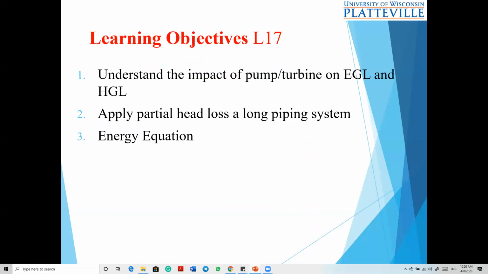Today's objective is to understand the impact of pump or turbine on EGL and HGL. So we're going to draw the energy grade line and hydraulic grade line with the pump, apply partial head loss along the piping system, and work more with the energy equation. All right.